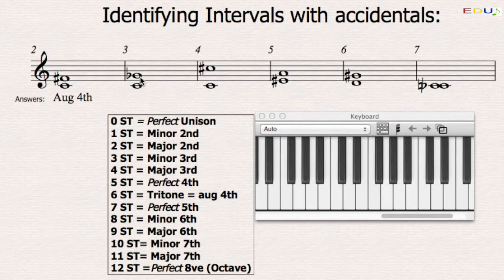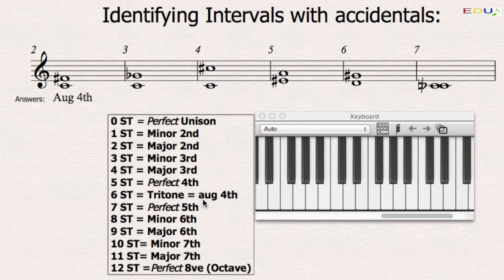From C to G we find a perfect fifth. The flat, however, makes the interval smaller. So the perfect fifth becomes a diminished fifth. A diminished fifth from C to G flat has also 6 semitone steps. Therefore, it's also a tritone.